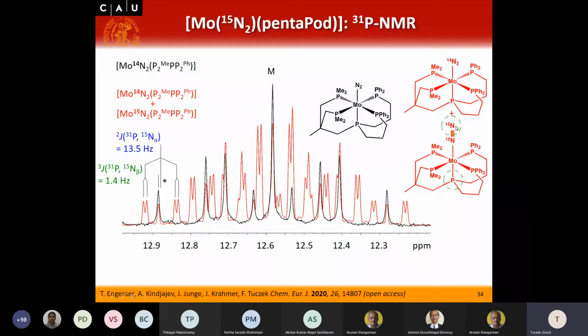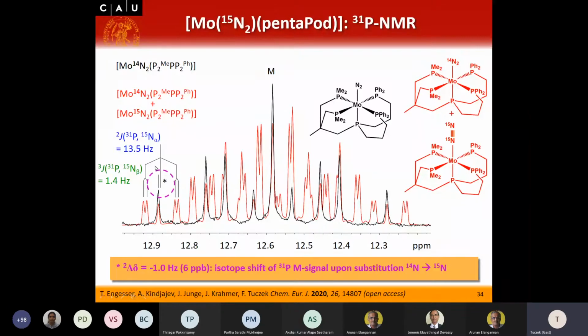And remarkably, this 15N spectrum is shifted with regard to the 14N spectrum. So what we have is a second order isotope shift of the 31P M signal upon substitution of 14N by 15N, and this is due to the anharmonicity of the potential in this molybdenum N bond.